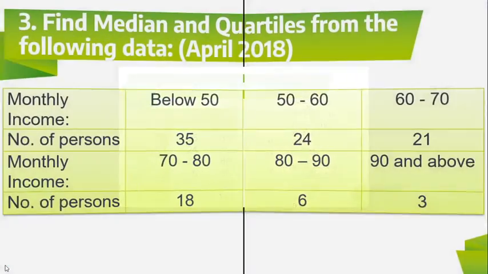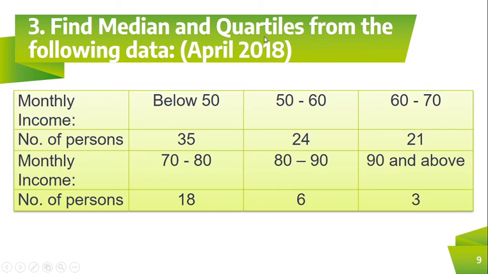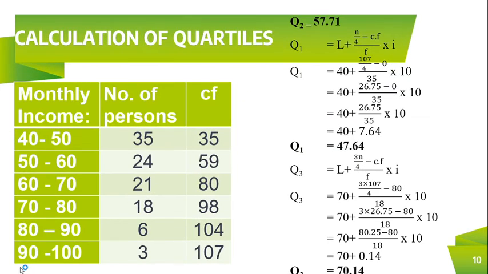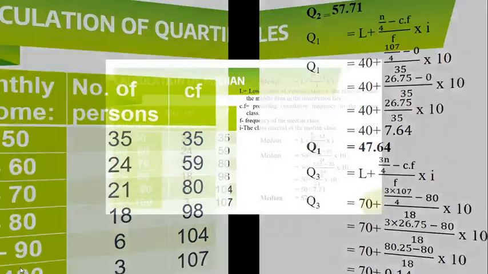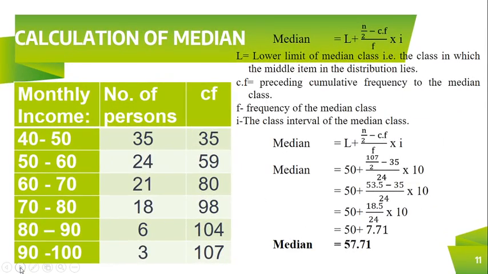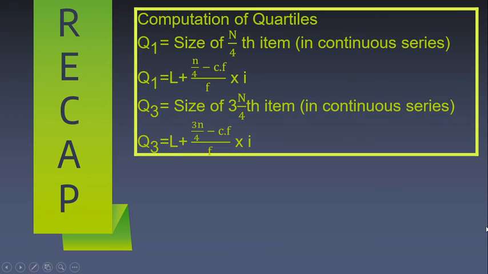So our question asked us for the median and the three quartiles, that is Q1, Q2 and Q3. Q2 is taken from median, Q1 is found out, Q3 is found out. Median is also found out. So this is with regard to the quartiles and they are similar to the median.